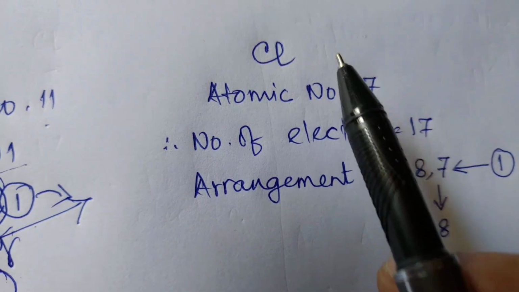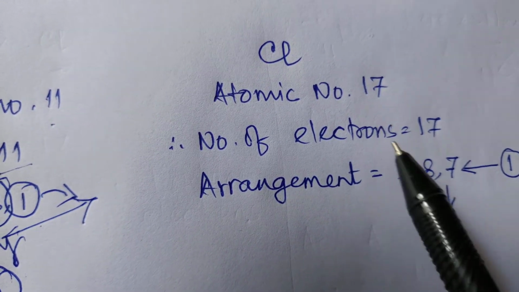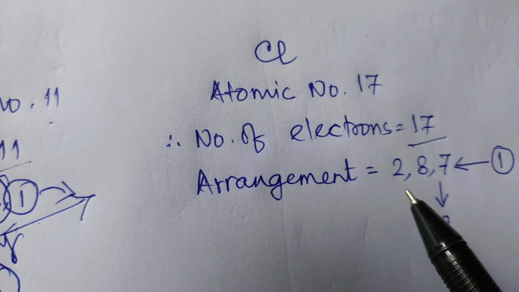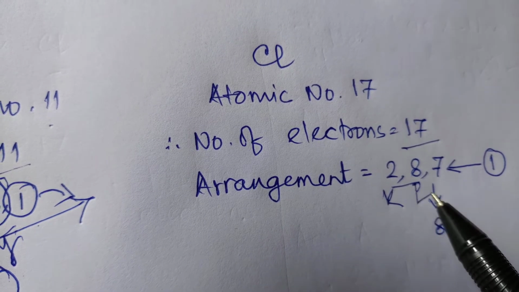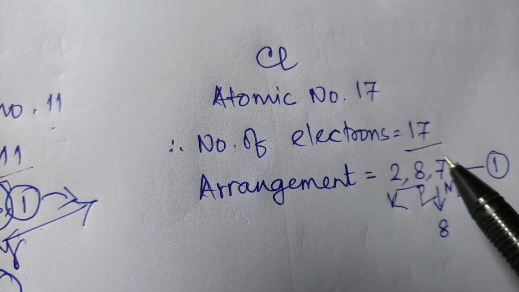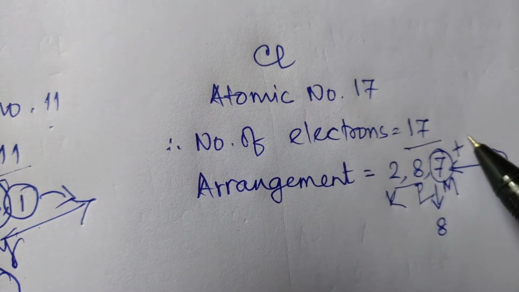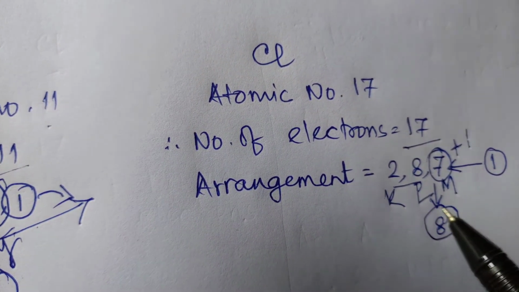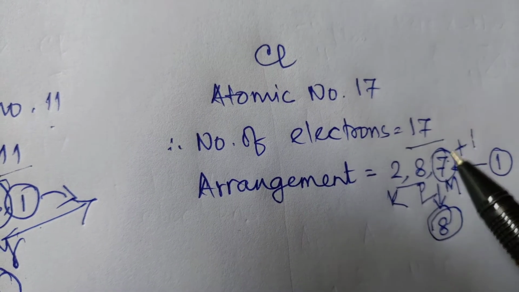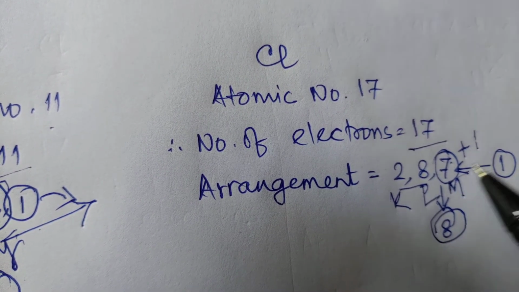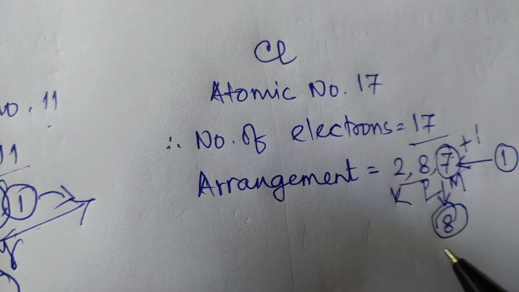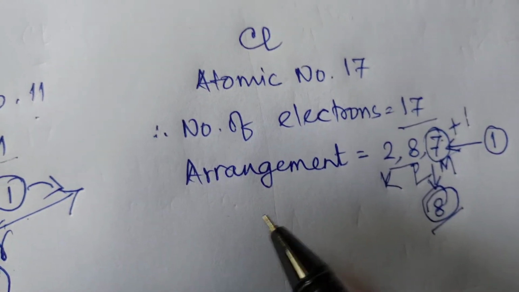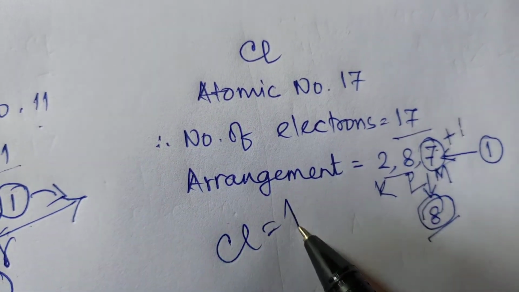On the other hand, a chlorine atom has atomic number 17, so 17 electrons, arranged as K shell 2, L shell 8 and M shell 7. If I add one more electron, it will become 8 in the outermost shell. I cannot release the 7 electrons; rather, it is easier to accept one more electron to make it 8. So the valency of chlorine is equal to 1.